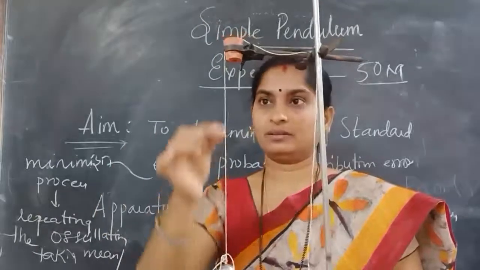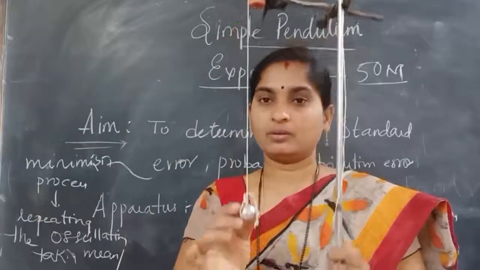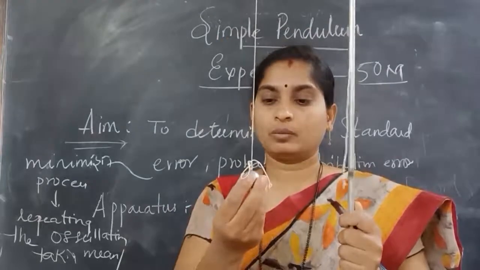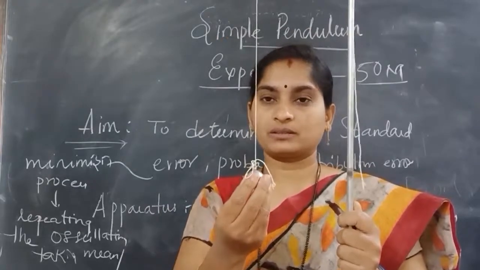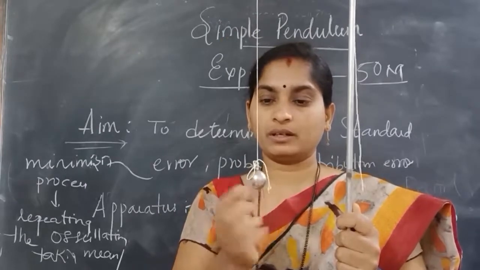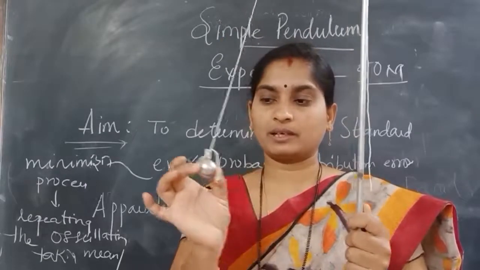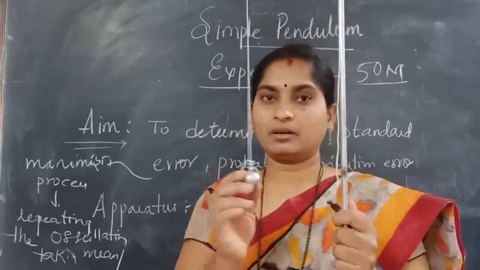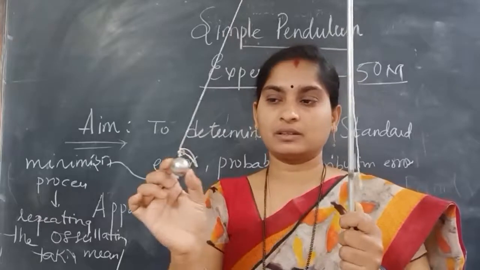With thread. Now, what is mean position? When the bob comes to rest, it should be in rest position. Then, if you apply some force like this, you see, it will oscillate like this.